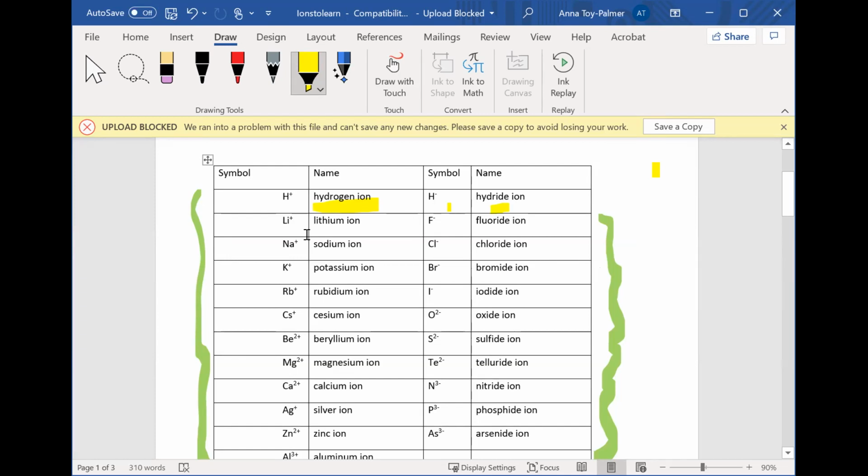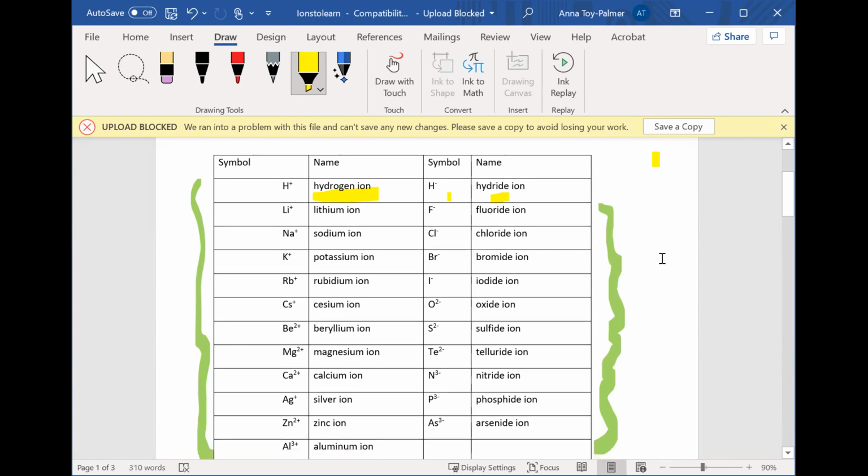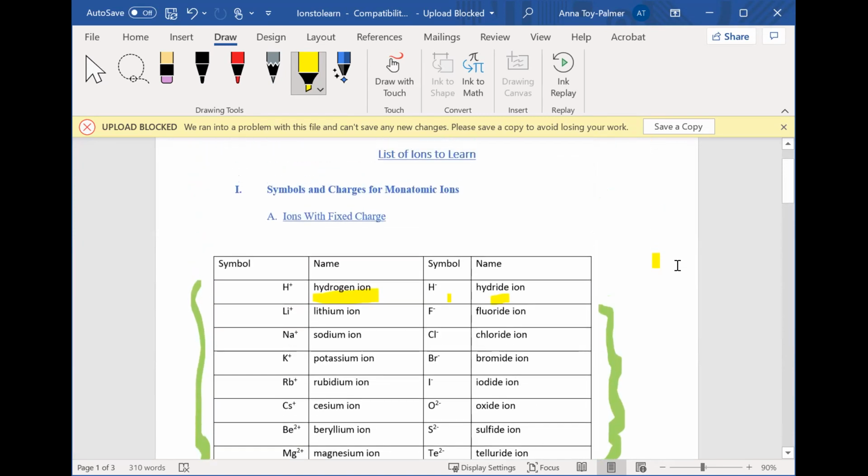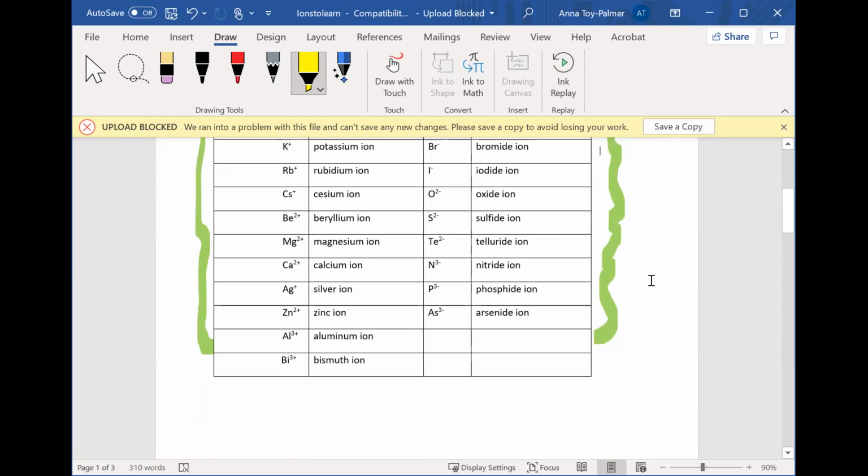Just be aware of the naming, okay? That's just following our naming convention. And hydrogen's unique because it can be both a positive, that's usually what we see, or a negative, which is highly reactive, but we can get it anyway. You should know it, but you can get it off of the periodic table.